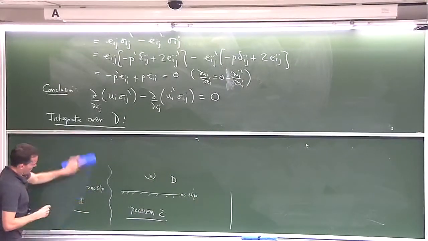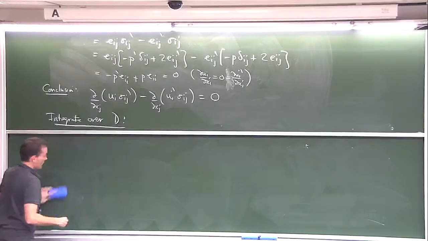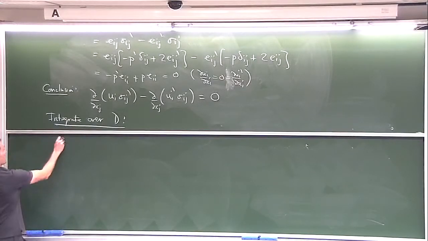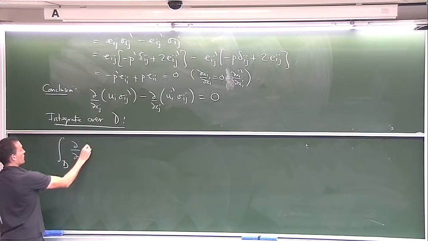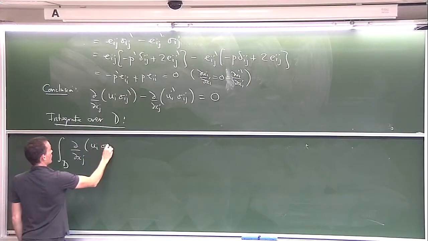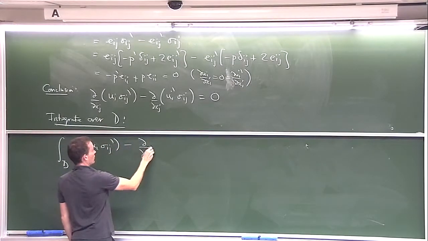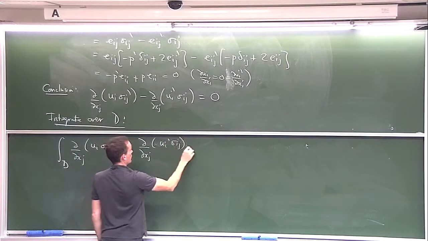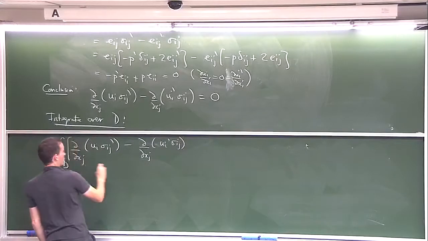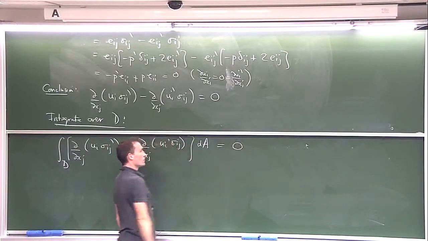I'll draw them again. Okay, so the integral over D, call it dA because it's an area integral, of 0.